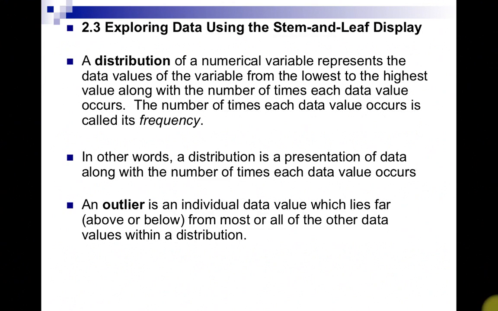An outlier is an individual data value which lies far, either above or below, from most or all of the other data values within a distribution. So if you consider a distribution of test scores where most of the test scores are between 60 and 90, if a student receives a score of 20, we would consider it an outlier because it is far below most of the other data values within the distribution.